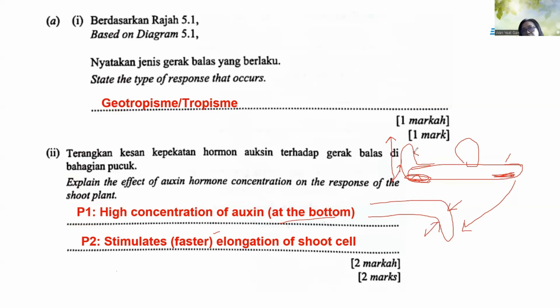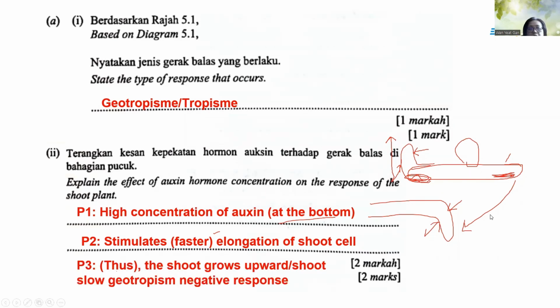That's why the shoot bends upwards. So you conclude by saying that the shoot grows upward, or the shoot shows negative geotropism, while the roots actually show positive geotropism.